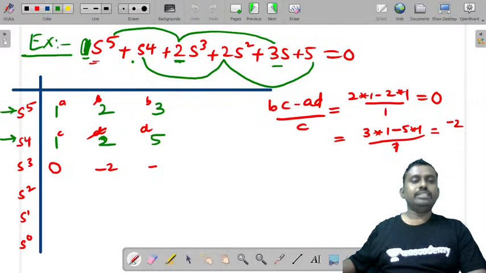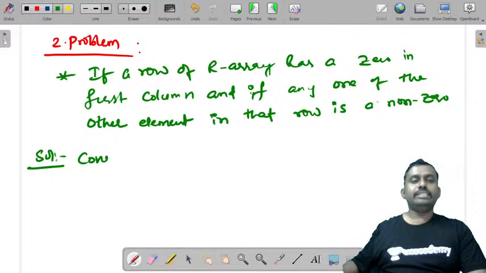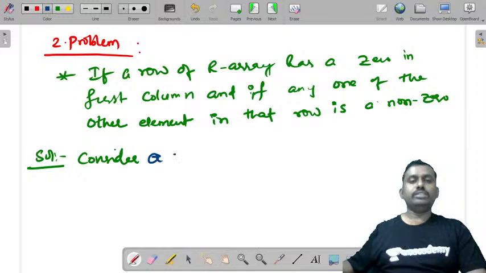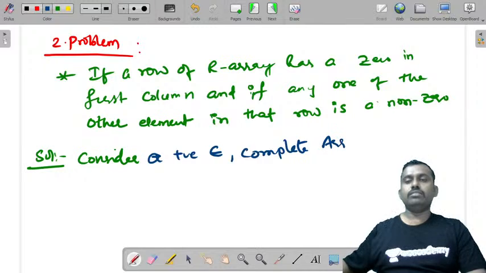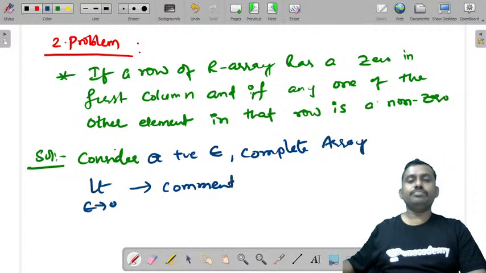If the first one is a 0 and any one of the other elements is a non-zero, then what we have to do? The solution is, consider a positive number epsilon and complete the array, and apply the limit epsilon tends to 0 and comment on the stability.